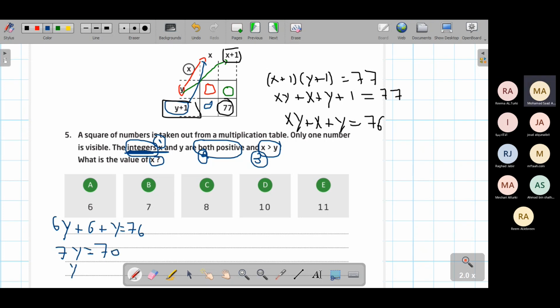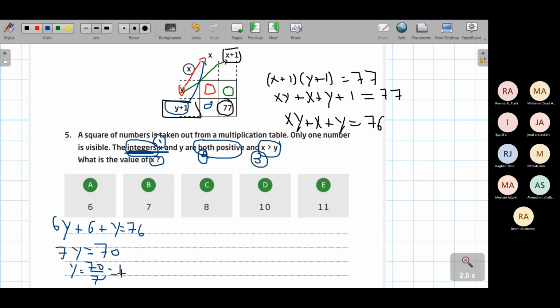Now y will be equal to 70 over 7, which is equal to 10. So I have now an answer: if x equals 6, y equals 10.